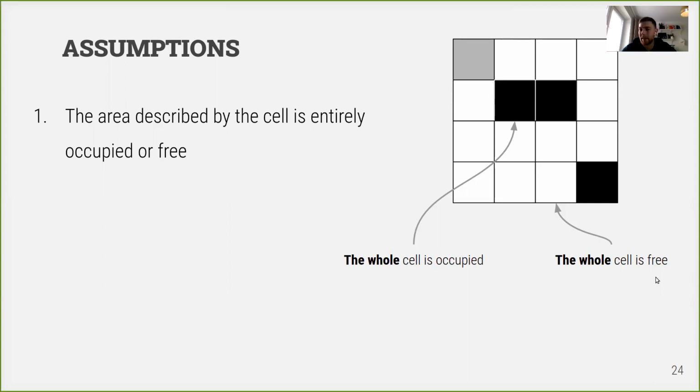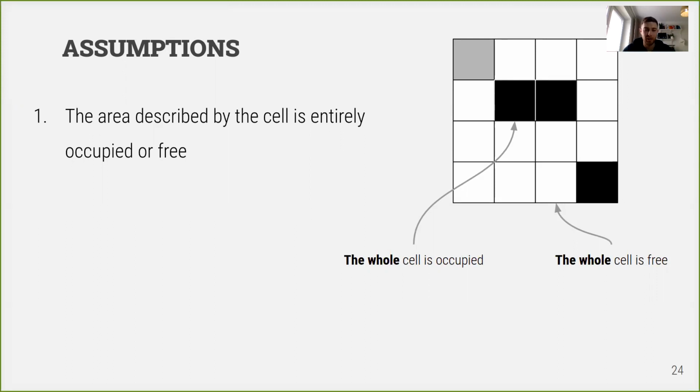Or we can choose a scale where this square is 1 meter by 1 meter. And this is important then because if there is a person, in reality, the person occupies only a small portion of this cell, right? But we will still say that the whole cell is occupied or the whole cell is free. So we kind of choose which precision we will have by choosing our scale.